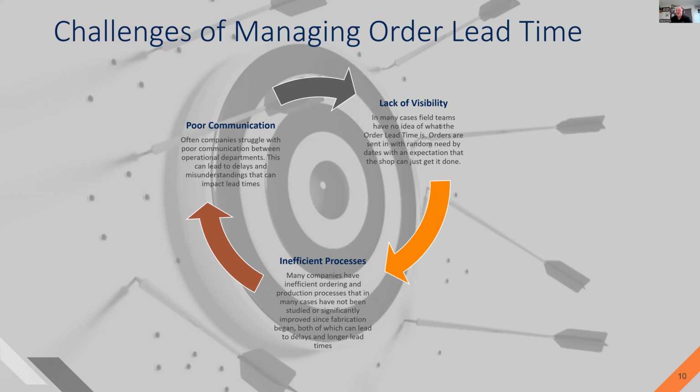All those things that need to be communicated effectively to schedule the fabrication and get it done has a lot of problems and misunderstandings. In my experience, at least where I was, communication was not great, and we can always make improvements around that.